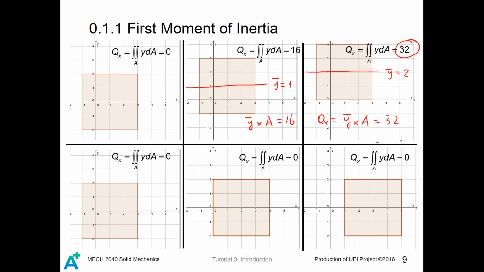Similarly, if we transform this shape, in this case, you know that the first moment of inertia is 16. If you transform it leftward by some units, maybe 3 units, then the first moment of inertia will still be identical, which is 16, because the axis of symmetry, which indicates the average of y, is not changed. It is always 1, no matter how it translates horizontally.